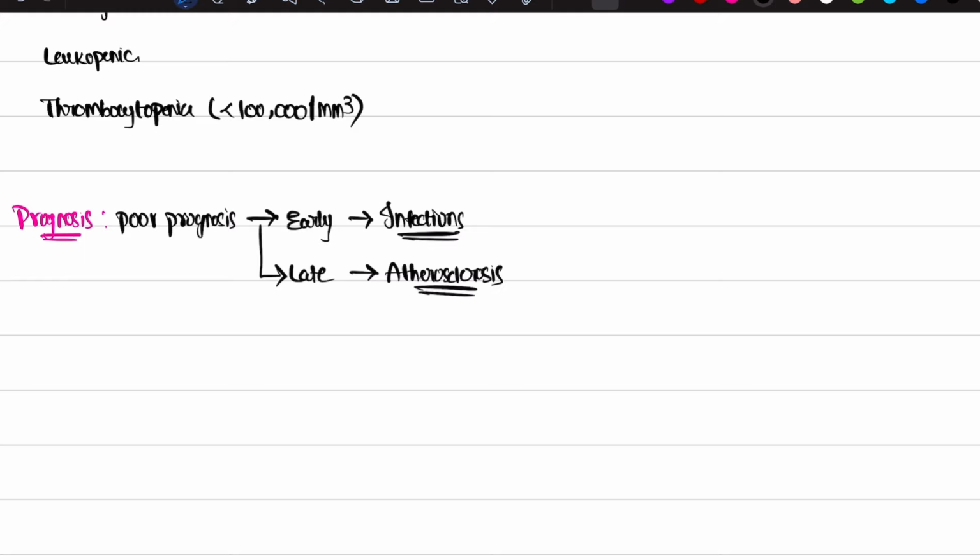So both of these cause death. But in early stages, the cause of death is infections, and in late stages, the cause of death is atherosclerosis.